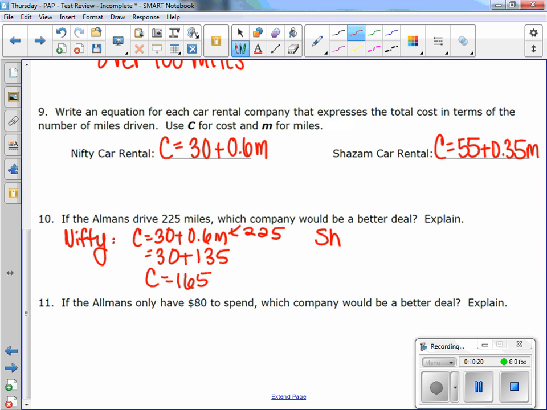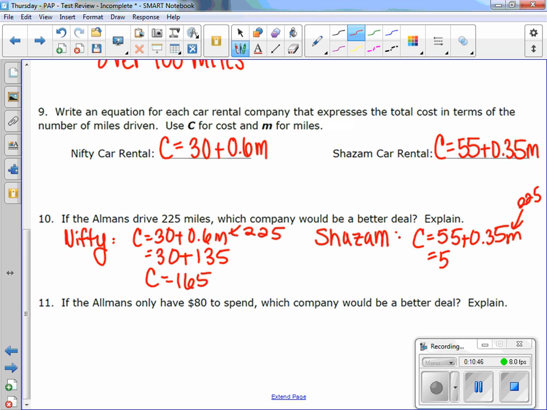For Shazam, it's going to be $55 plus 35 cents a mile. So when you plug in 225, you should get... sorry, give me just 1 second.